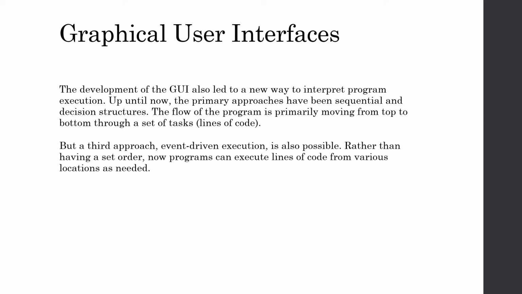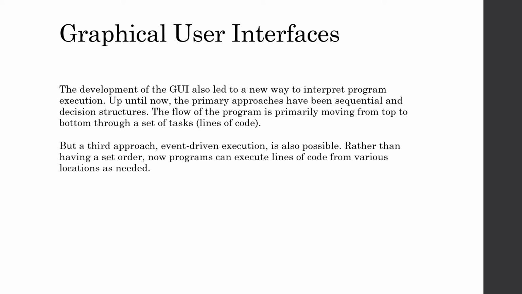So you mostly are doing a lot of your work in the main method, maybe with a couple of additional methods included. And you're pretty much just going from top to bottom through that main method of your program. So the flow of your program is primarily moving from top to bottom through some set of tasks, some sequence of lines of code that you'll go through.